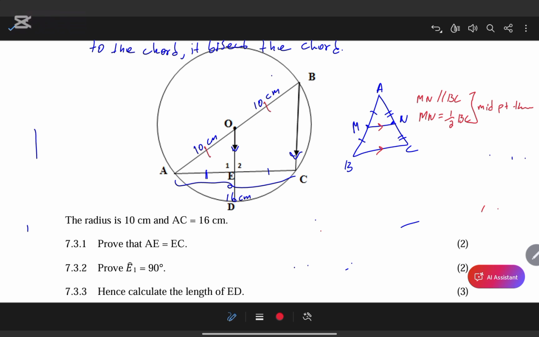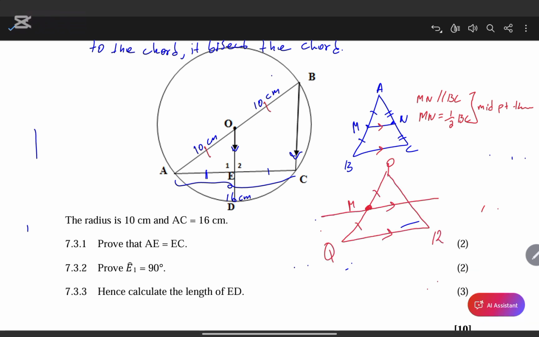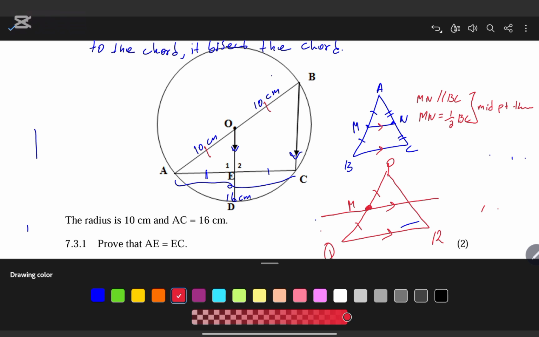But what does the converse of the midpoint theorem say? Let us look at this triangle. The converse of the midpoint theorem says, if there is a line going through the midpoint of a side of a triangle parallel to the other side, it bisects the third side. So what that means is that this line that is passing through the midpoint of PQ will automatically bisect the third side of this triangle, which is PR.